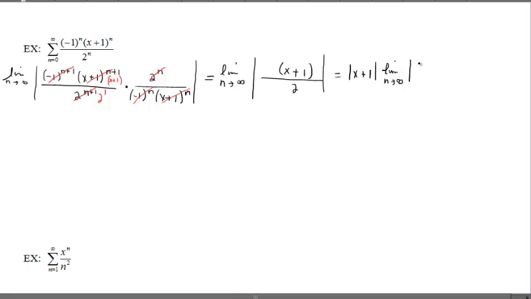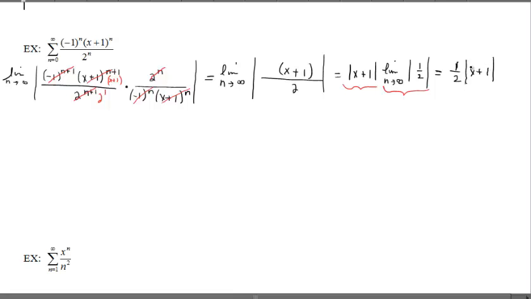And that just leaves a half. So that limit is going to be a half. So if this limit's a half, I'm going to pull it in front, and my answer to this limit question is 1/2 absolute value of x plus 1.